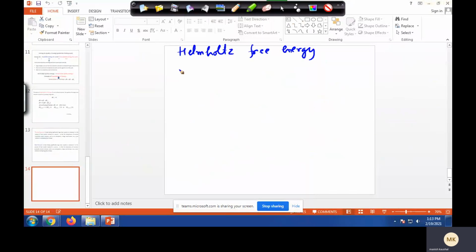That is defined as A, small a, capital H for the extensive property, which is U minus TS. How can you define dA? dA is going to be dU minus TdS minus SdT.